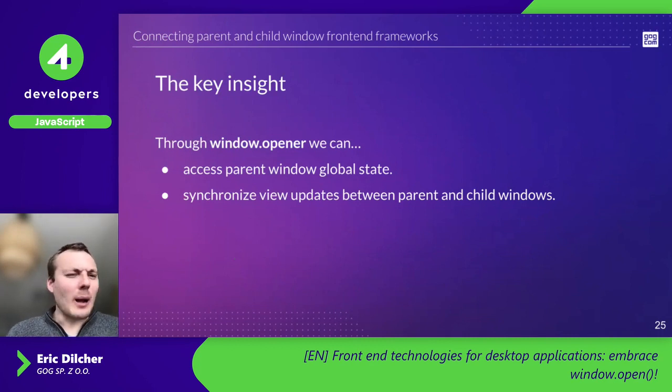And not only that, we could probably figure out how to synchronize the view updates between the parent windows and the child windows. And with those two key insights, if we could get access to the global state and we could also synchronize the view updates, this would essentially allow the two frameworks operating, one in the main window and one in the child window, to behave as if they were one framework.